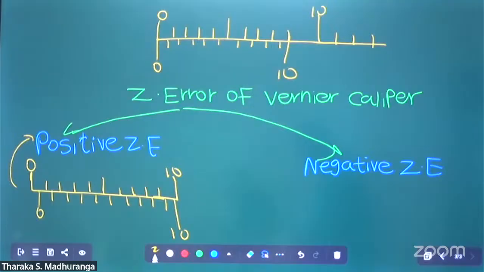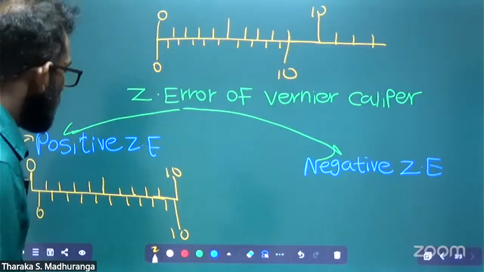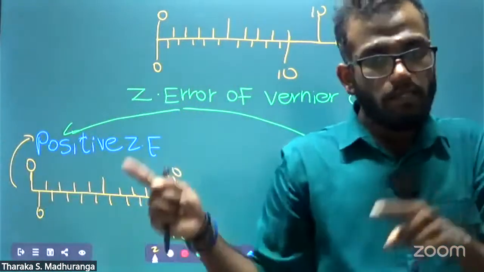We can get the value of positive zero error from the coincide parts multiplied by the least count.